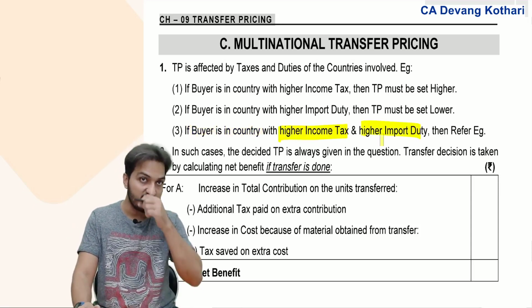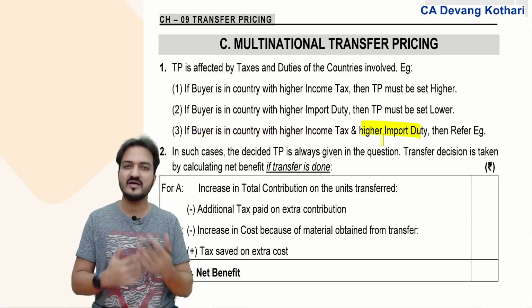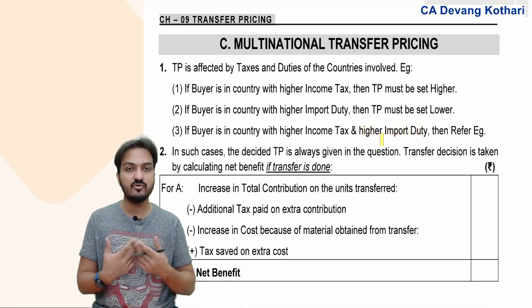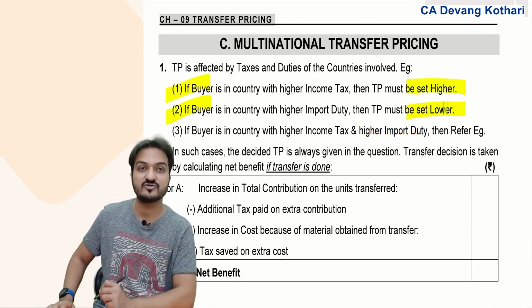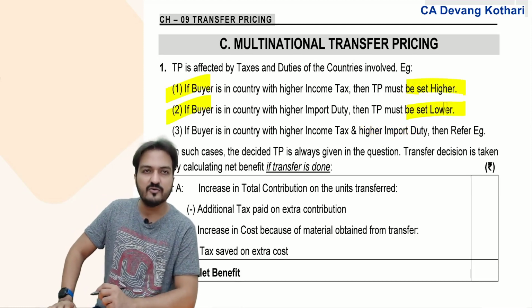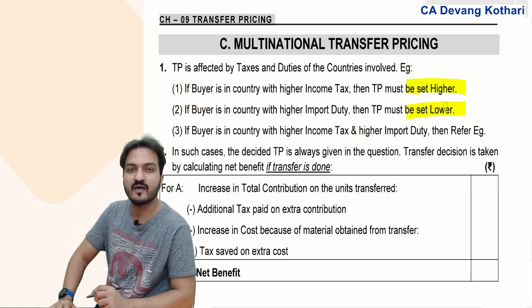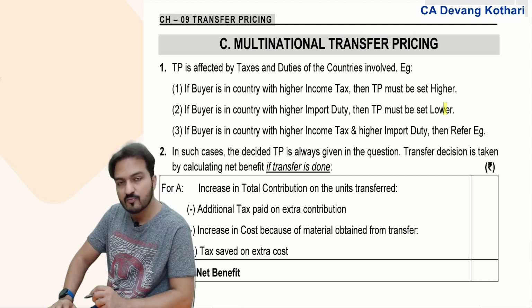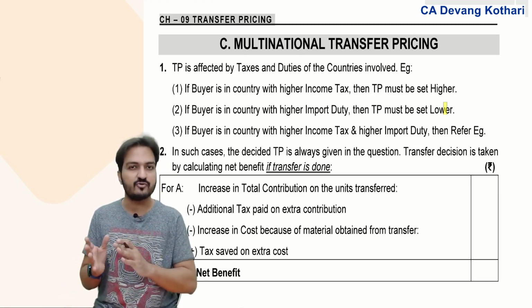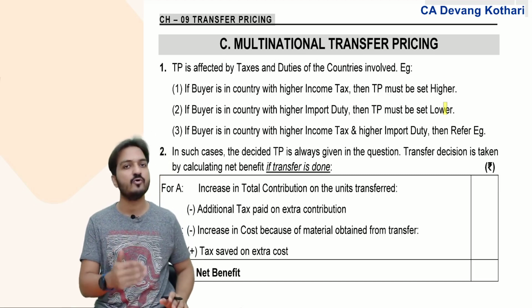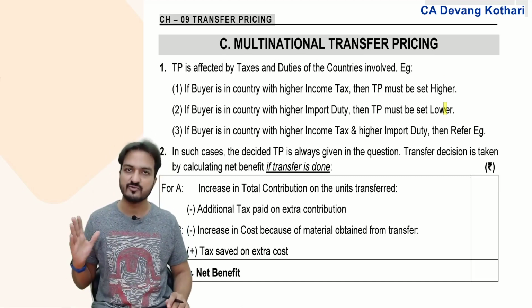Well, if it has higher income tax as well as higher import duty, then there is no option. You cannot decide based on any standard rule whether the transfer price should be higher or lower. Rather, you need to decide by trying out the example. By trying out both the options, you try with a higher transfer price, try with a lower transfer price, and see which option seems to be better.